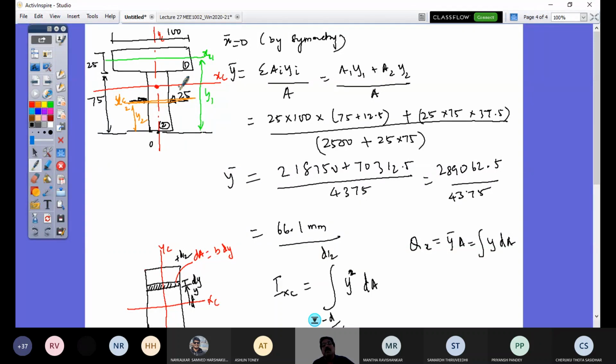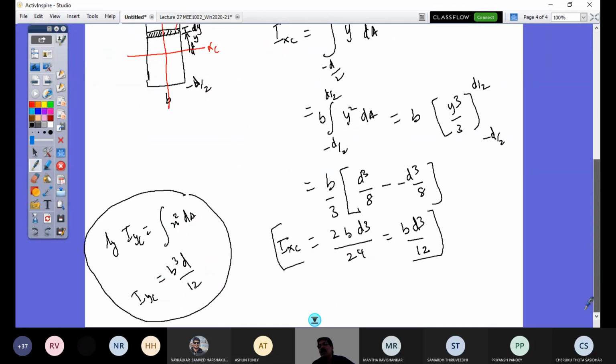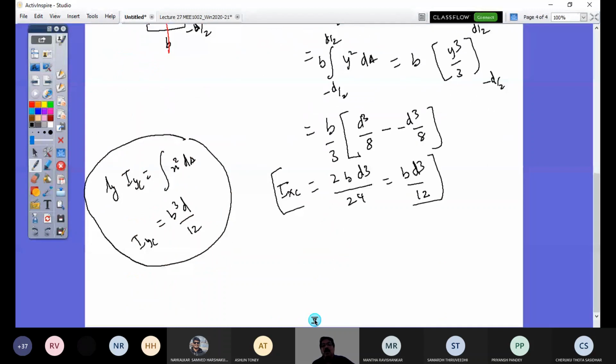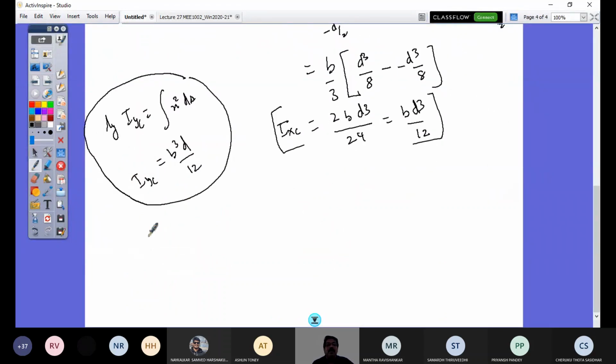So how do I get this? Is through a theorem called parallel axis theorem. So you have to understand one theorem at this point of time. This is what is called the parallel axis theorem. So what do you mean by parallel axis theorem?